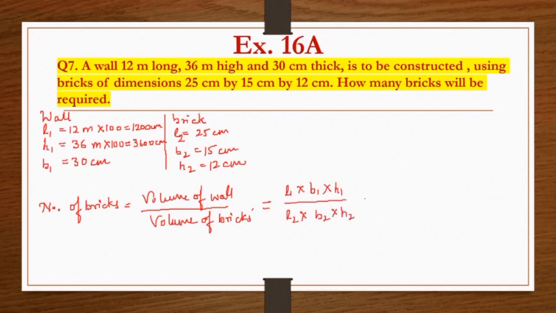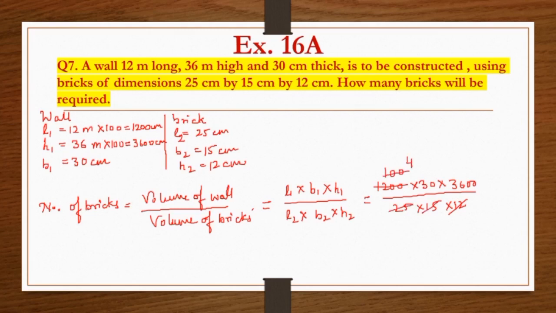Now put the values. L1 is 1200, so we write 1200. B1 is 30, so we write 30. Then H1 is 3600, so we have written 3600. Now L2, B2 and H2, that is 25 multiply 15 multiply 12. If we cancel this 12 with this 1200, we are left with 100. 25 we can cancel with 100, that is 4.